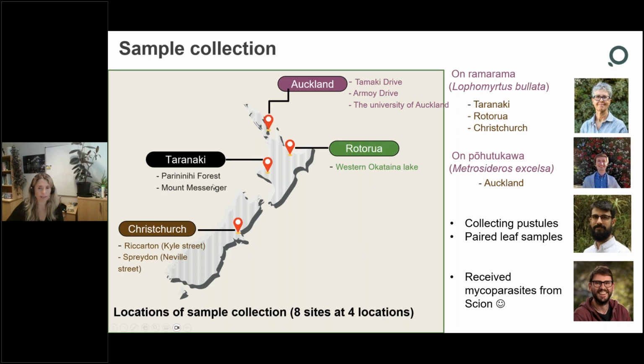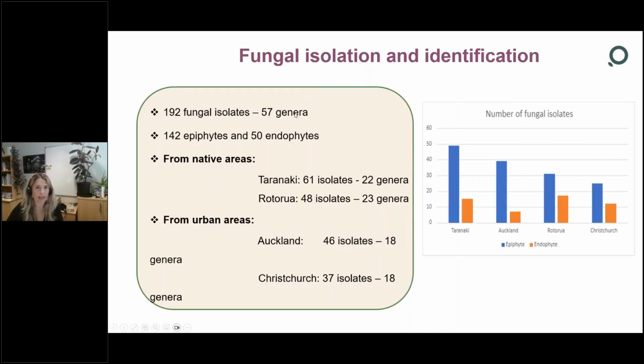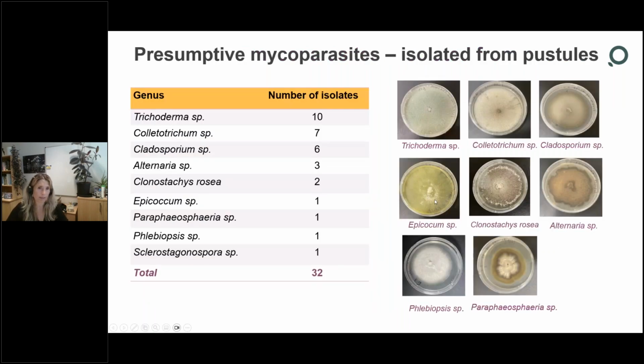So she's sampled in 4 locations and 8 sites. So she's created a collection of 192 isolates with 57 genera, and she's found both epiphytes and endophytes. And from these, she's identified some presumptive mycoparasites.